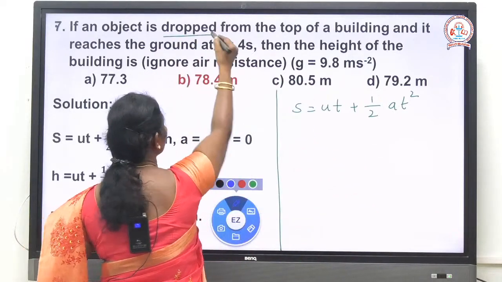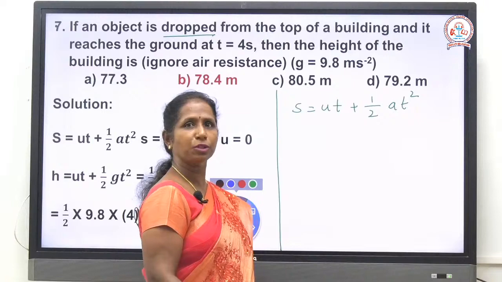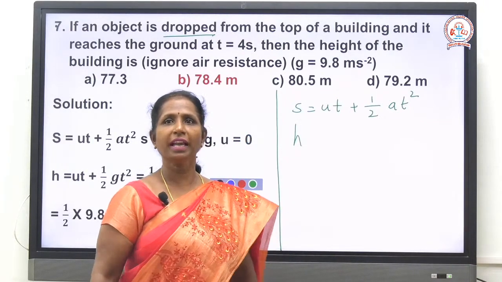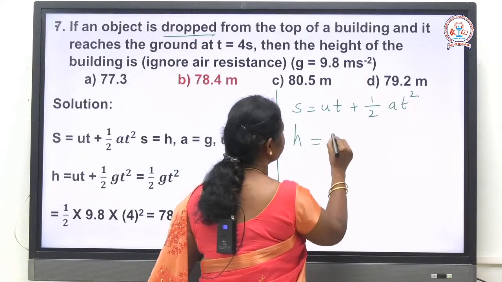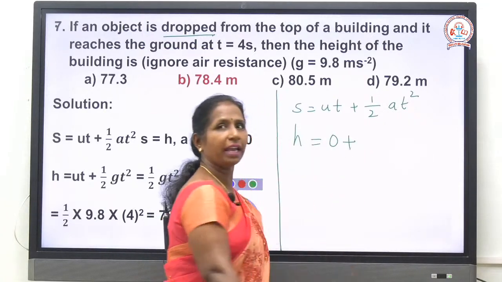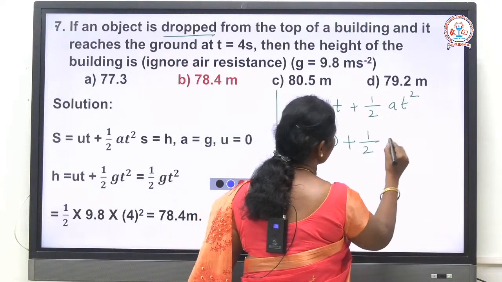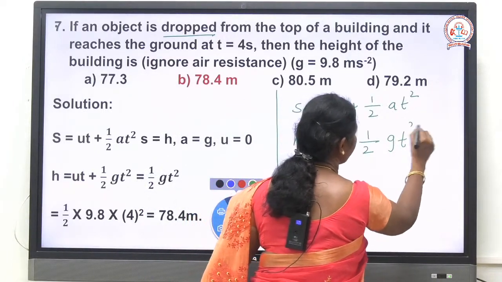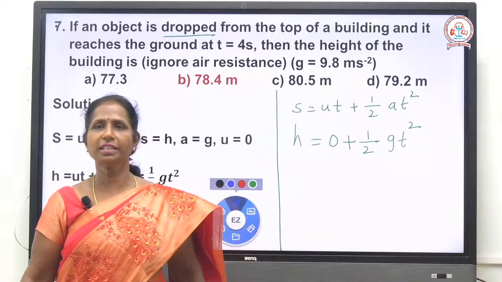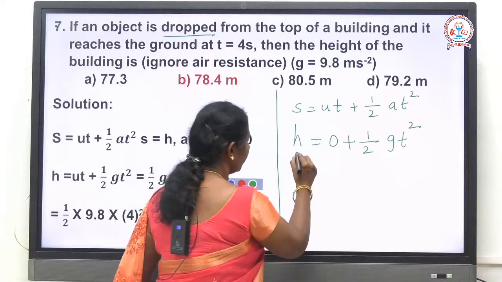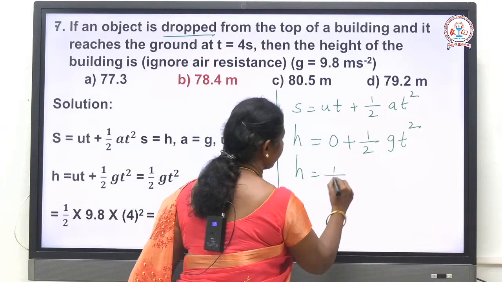So h equals 0 plus half into g t square. So h becomes half g t square.